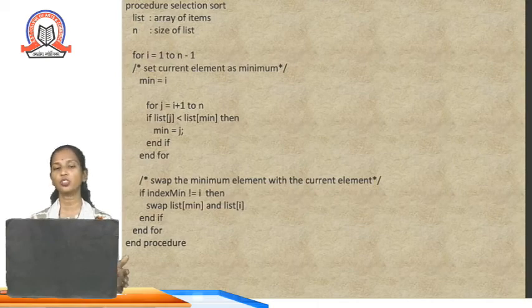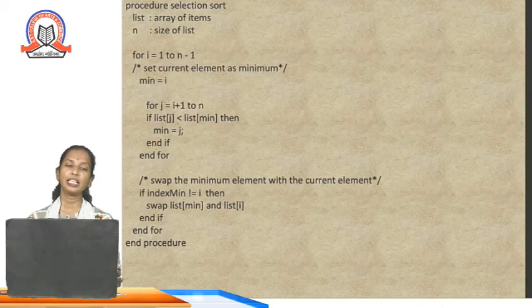List of j means the second element, because i is incremented by 1 and the j value is incremented by one. So the first index is compared with the second index, and if it is less than, then the minimum variable itself is modified as an index, and only the index exchange is going on.